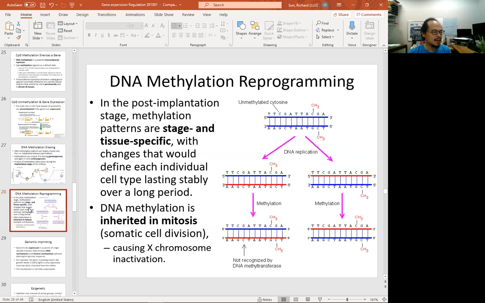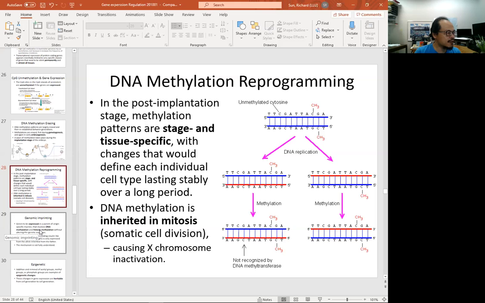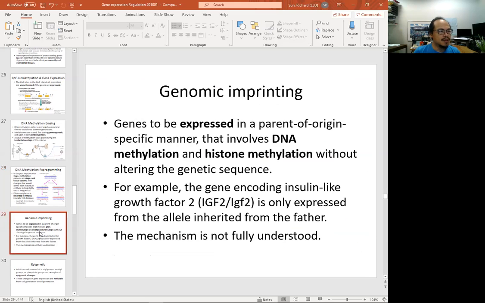Before the end, I want to talk about another very important concept. This pattern of DNA methylation is found to be able to copy from the parents.